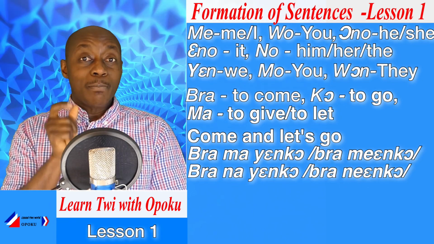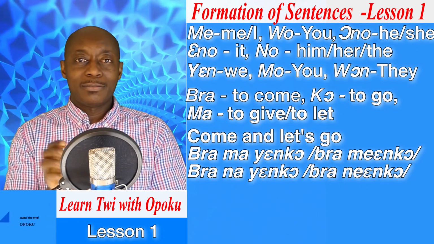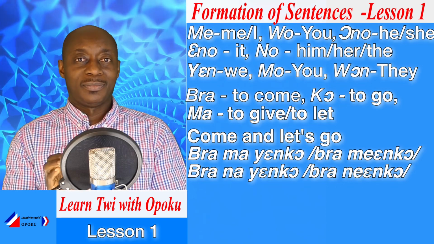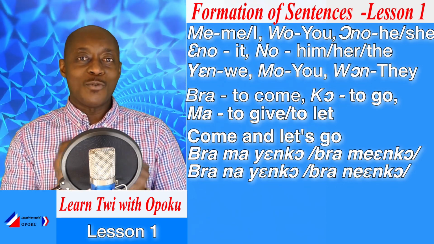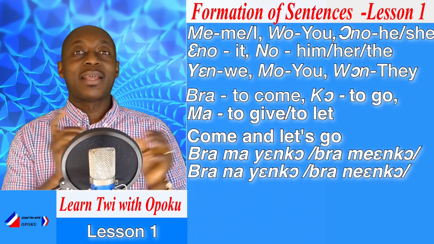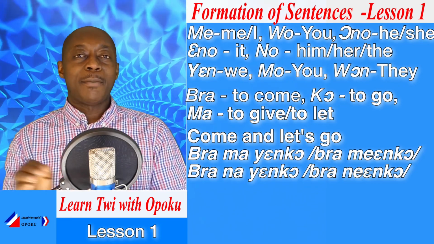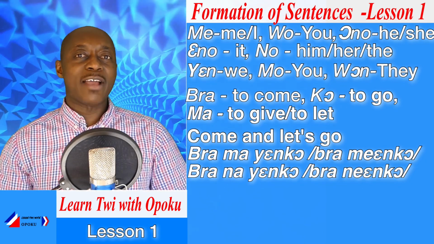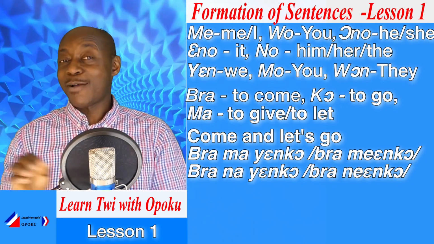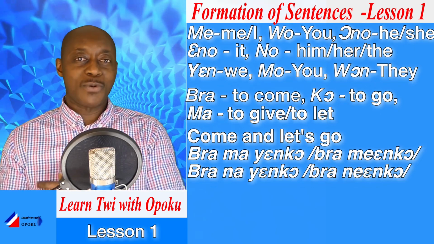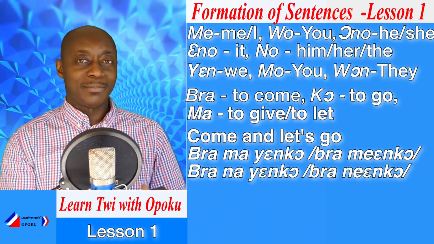When we use ma, then that one, ma, sounds what? Let. So that one will mean come and let's go. Bramienko. But if I say Branienko or Branayenko, that one sounds like come so that we go.